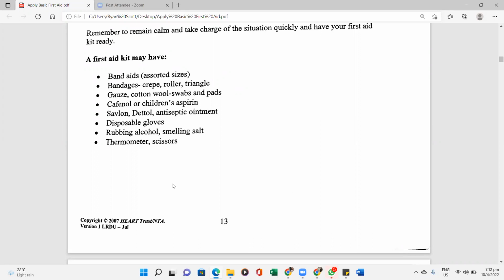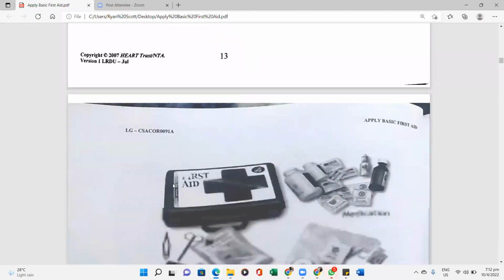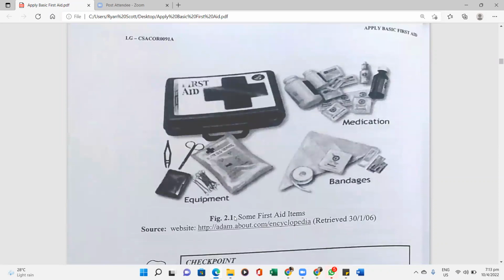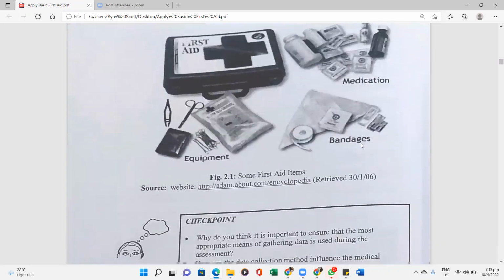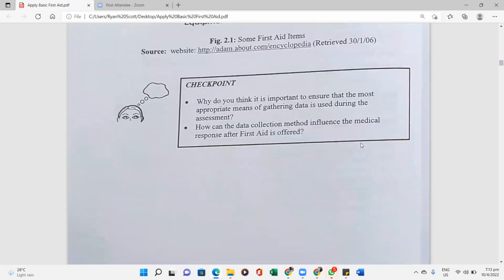Savlon is a cleaning agent, Dettol, antiseptic ointment, disposable gloves, rubbing alcohol, smelling salt, thermometer, and scissors. Okay? And there you are, the first aid kit. Okay, scroll down. Remember, before you do anything on anybody, you ask them for permission.